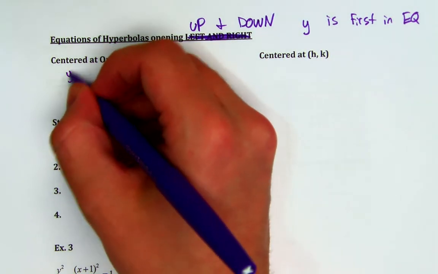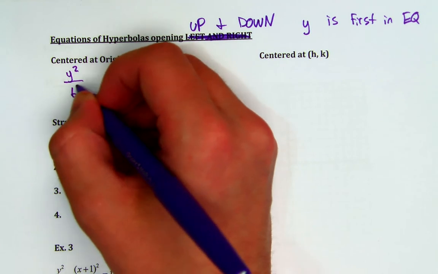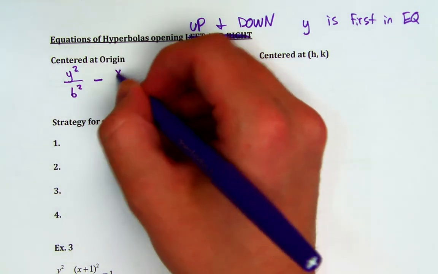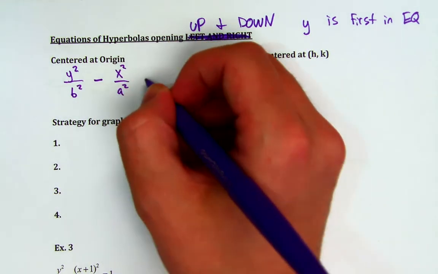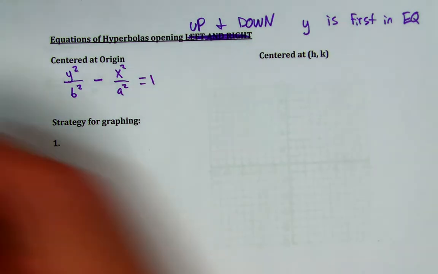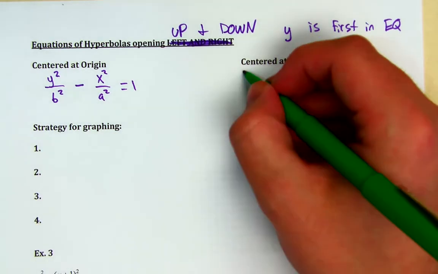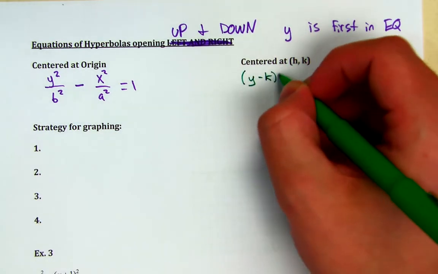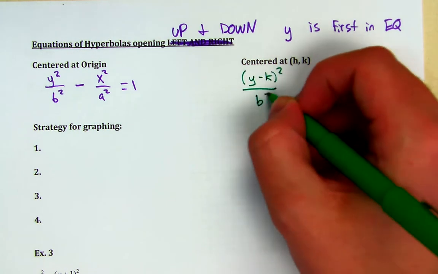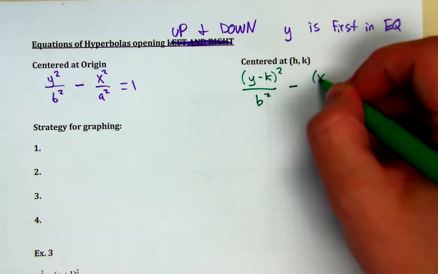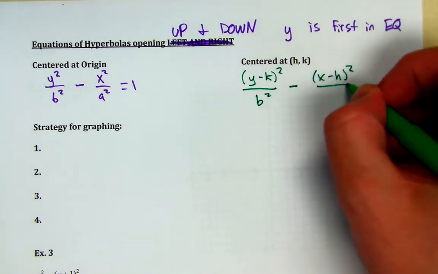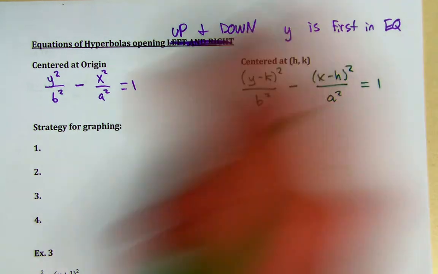So we have y squared over b squared minus, again, x squared over a squared equals 1. Its counterpart, y minus k squared over b squared minus x minus h squared over a squared equals 1.